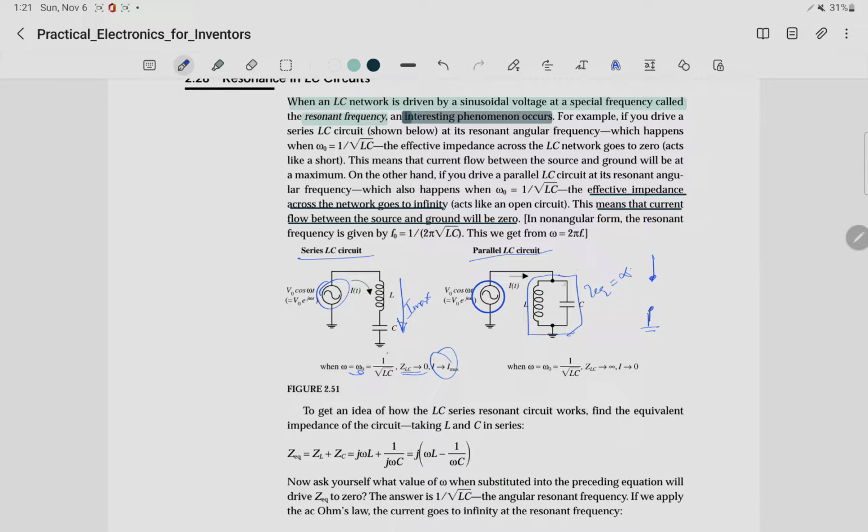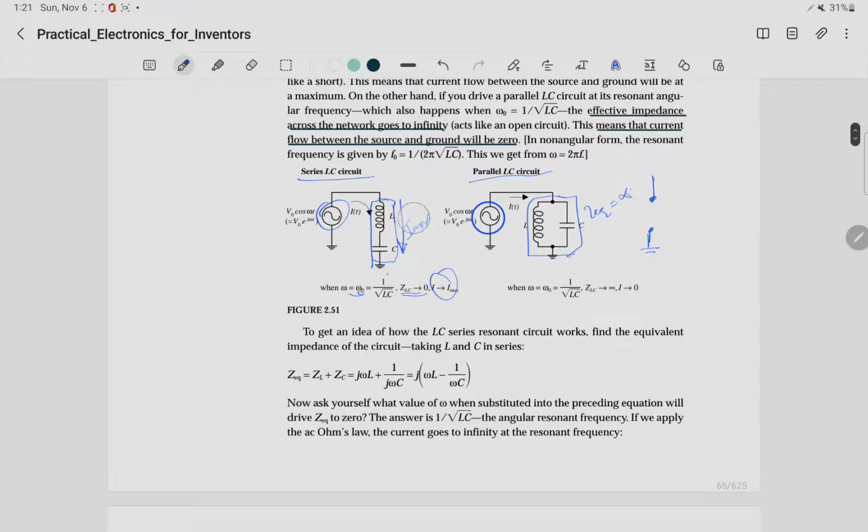So when you apply a sinusoidal voltage at resonant frequency to this parallel LC circuit, it behaves as an open circuit, and hence the current cannot flow from the source to the ground. Here a maximum current flows from the source to the ground, since the equivalent impedance of these two elements becomes zero at resonant frequency.